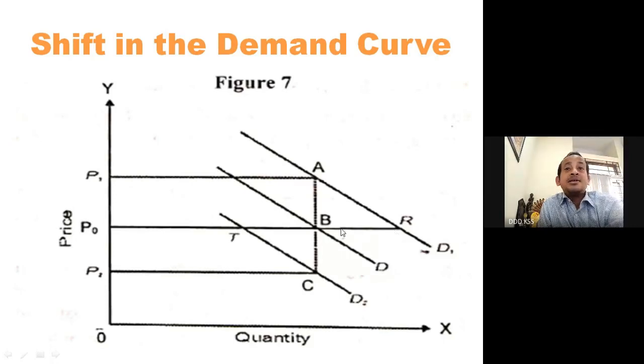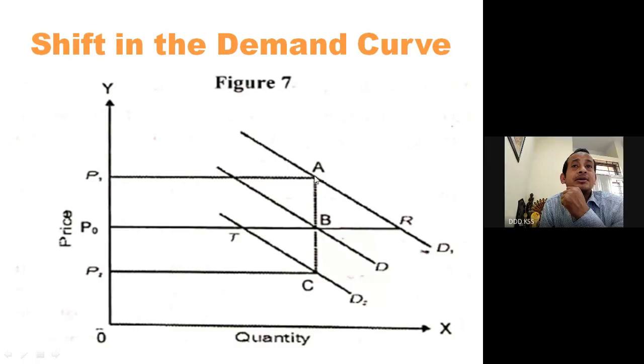This happened due to the change in the preference, taste, habit, or price of the related goods. Now assume that price has increased to P1. So as price has increased to P1, the consumer will purchase the same quantity of goods at the higher price.